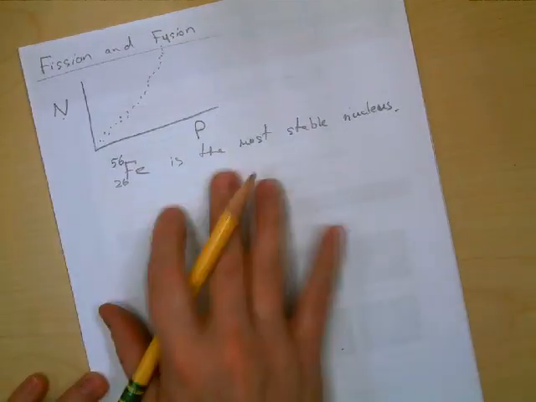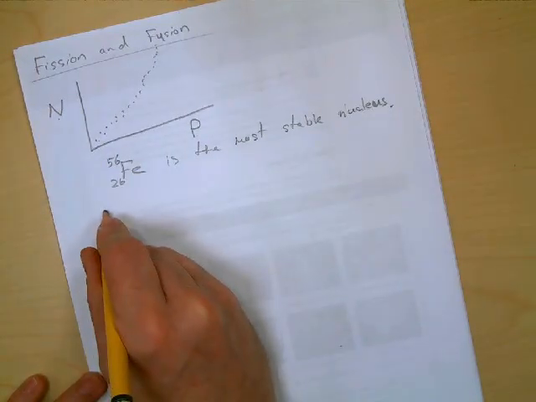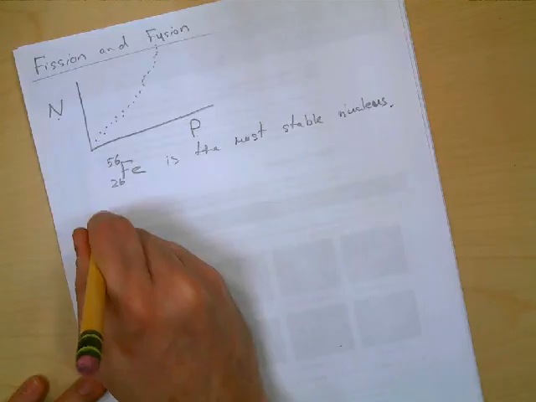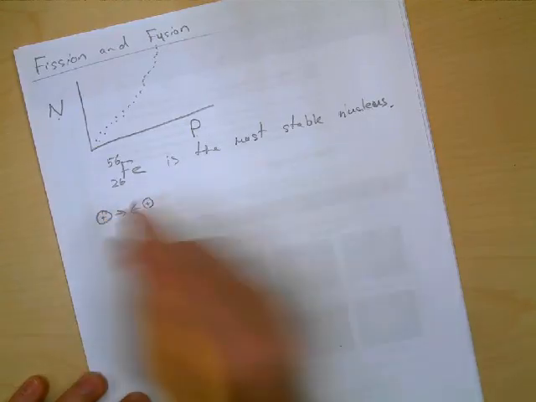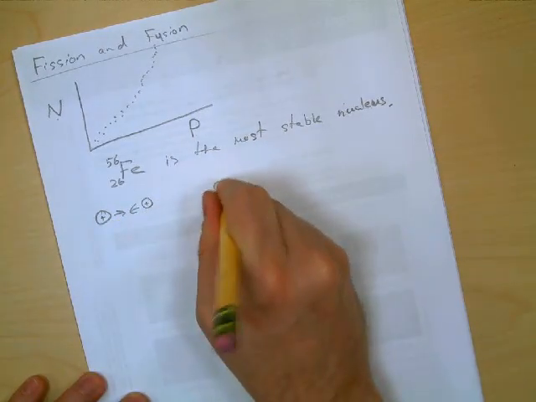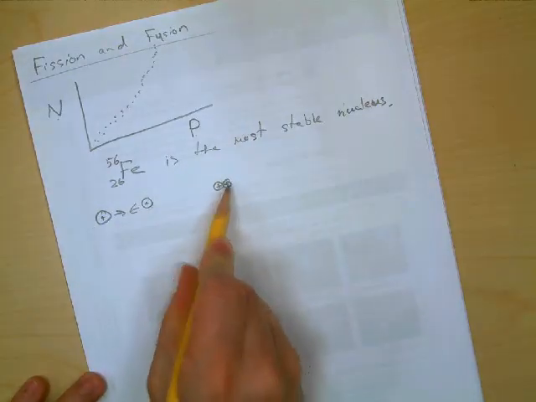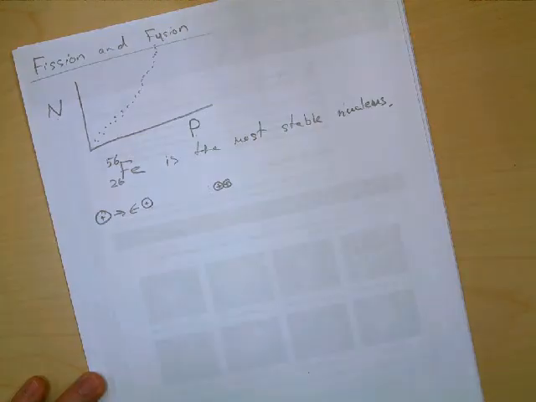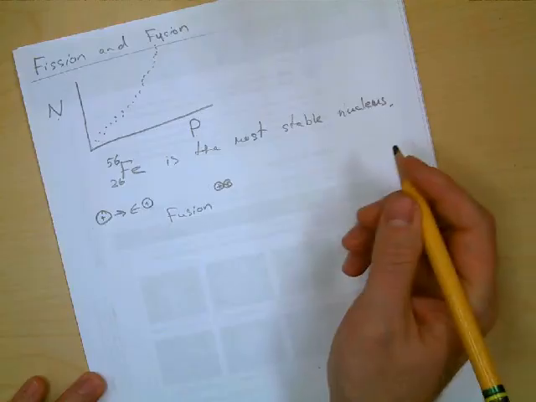So I'm going to define two terms. If you were to take, let's say, two protons and smash them together at high energy and they fuse into one nucleus, so these used to be two separate nuclei, and I smashed them together, and now this is one nucleus, this would be a fusion event.